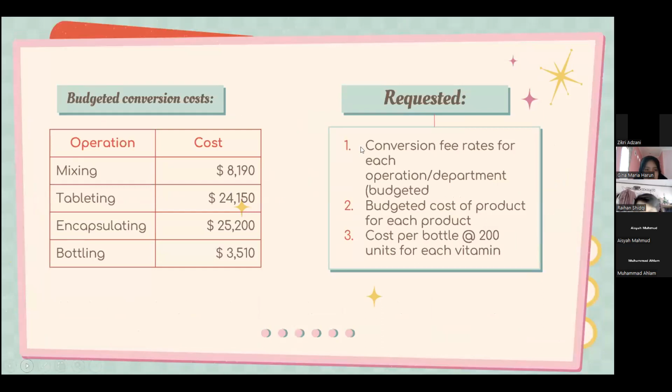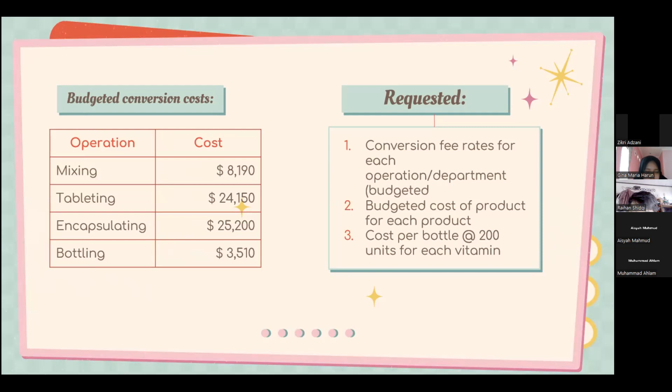And then we come to the budgeted conversion cost and the requirements. For the budgeted conversion cost, we have the operations from before: mixing, tableting, encapsulating, bottling, at their cost. For mixing it is $8,190, tableting $24,150, and encapsulating $25,200.